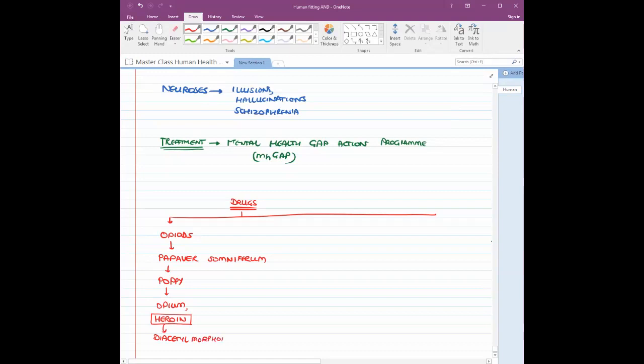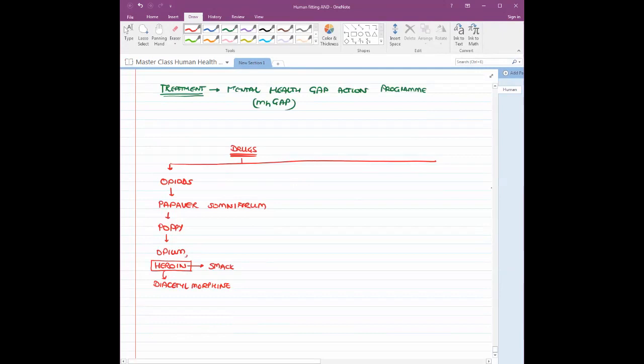Now, if you know something, guys, morphine is a painkiller. So whenever you take this, you're going to feel no pain. You're going to feel relaxed. Your heart rate is going to decrease. You feel really, really nice. That is what heroin does, guys. In street language, this heroin is also known as smack.